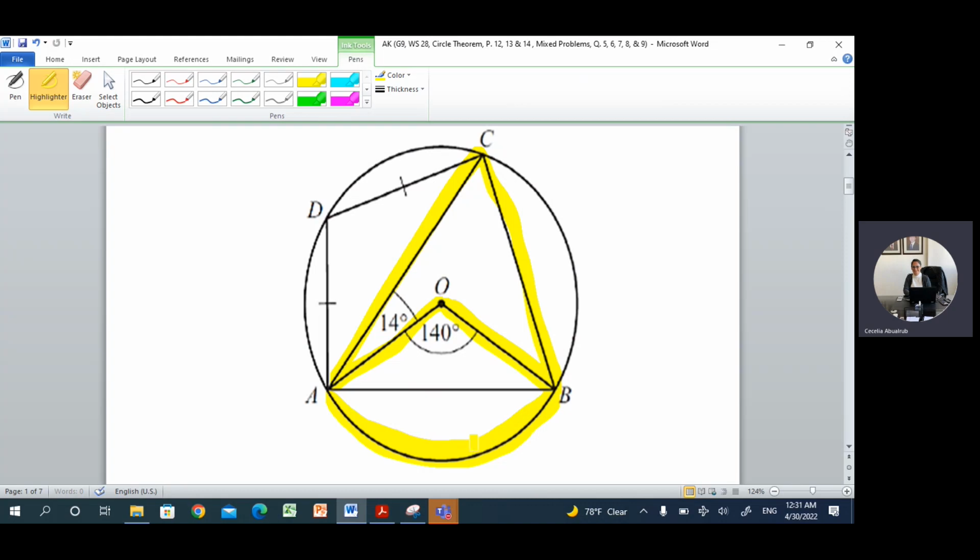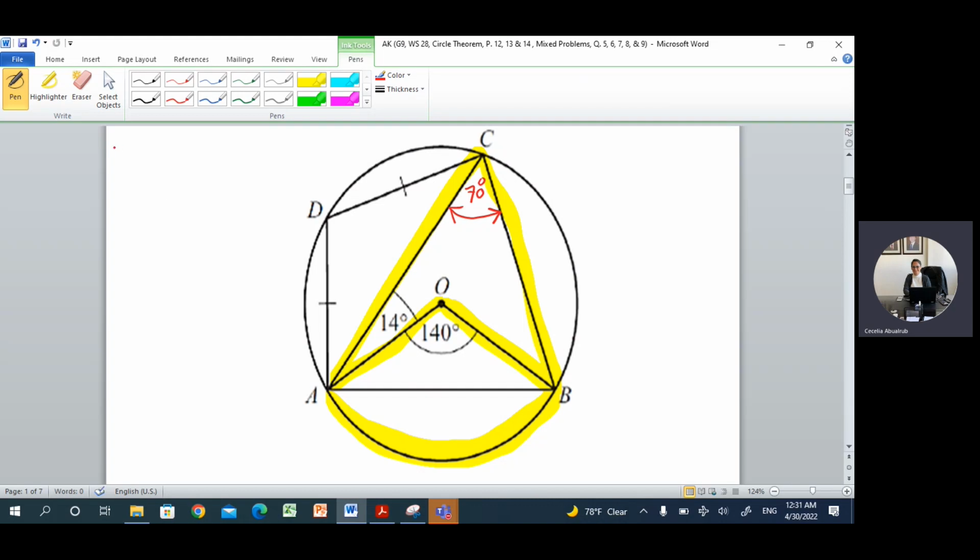Accordingly, the rule says that if this is the case, then the angle at the circumference is half the angle at the center, and 140 divided by 2 will be 70 degrees. So this angle is 70 degrees.